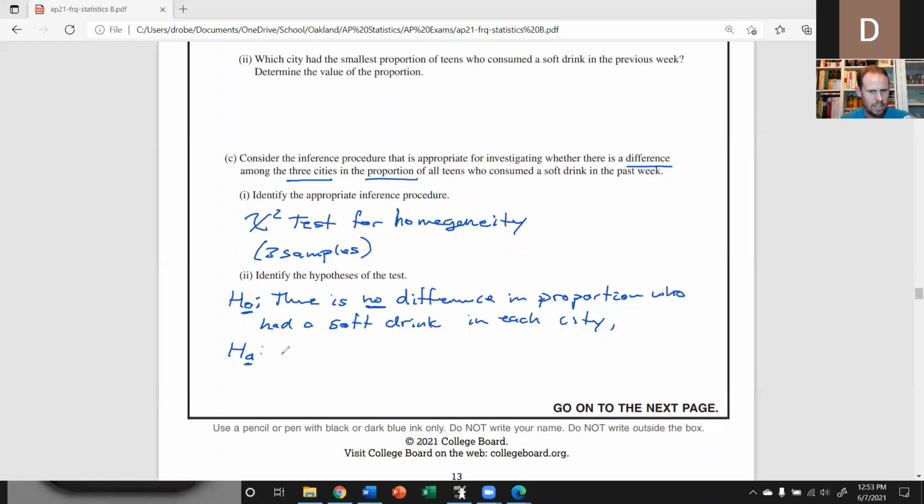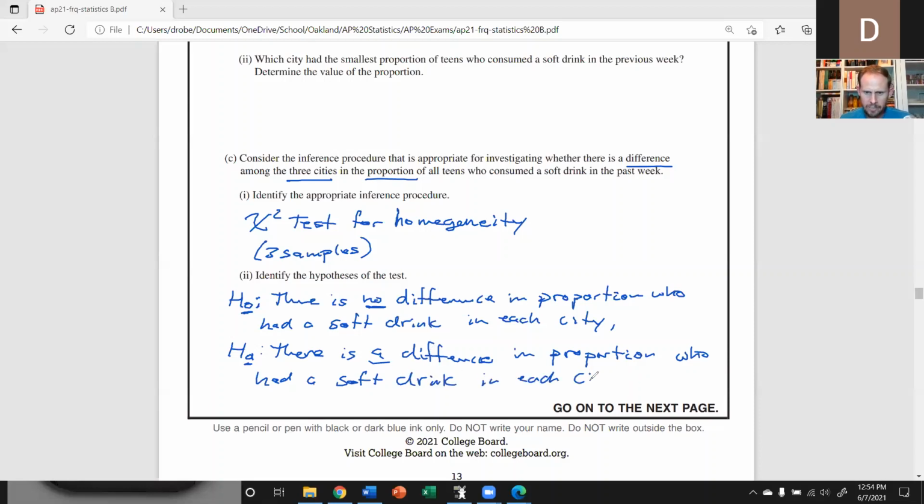And then Ha, we just change the word no to a: there is a difference in proportion who had a soft drink in each city. Voila, done. H0, no difference in the proportions. Ha, there is a difference in the proportions. And we want to make sure we have context, so we put soft drink in each city. I don't remember if it was last week or whatever, but there we go. Done.